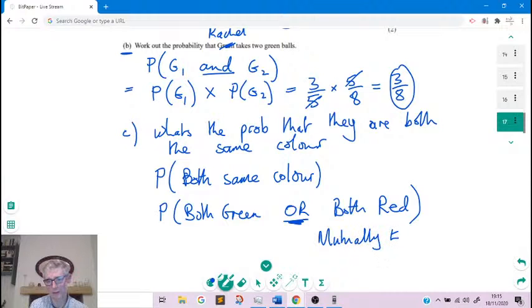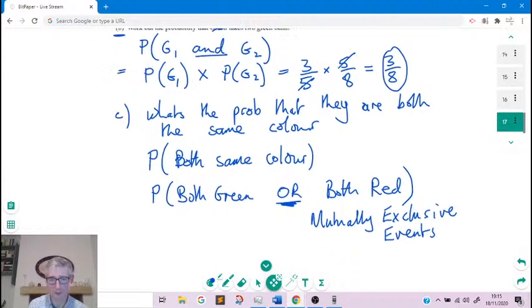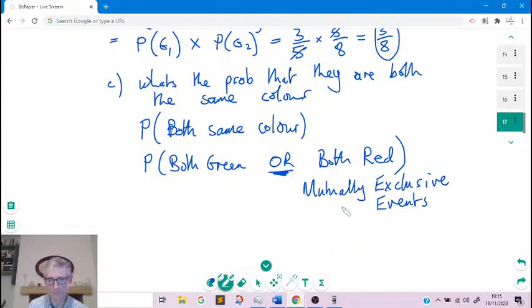Now, what we've got here, and this is very important to recognise, is what's called mutually exclusive events. Sounds very complicated, but don't be put off by that. All that means is, if two things are mutually exclusive, they can't both happen at the same time.